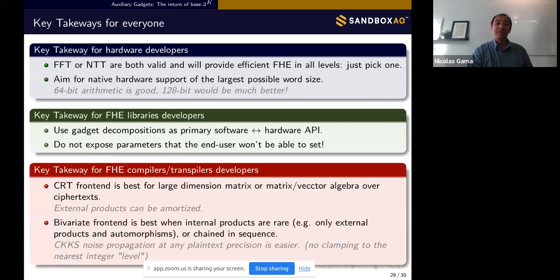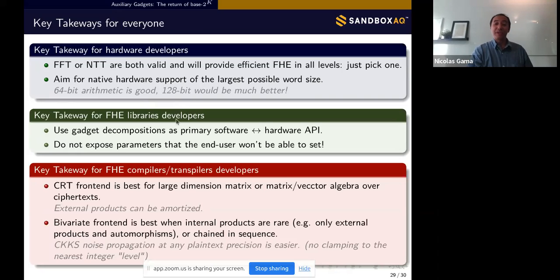And the key takeaway, so for everyone, there is a takeaway. For hardware developers, the choice between FFT and NTT is not important as long as we pick one. What is important is the size of the arithmetic that is supported natively. So 64-bit arithmetic is kind of good, but if we had 128-bit floating point numbers that are supported natively, that would be much better.